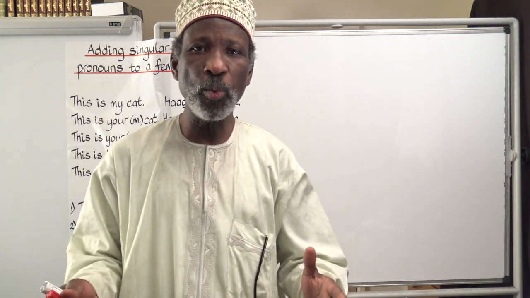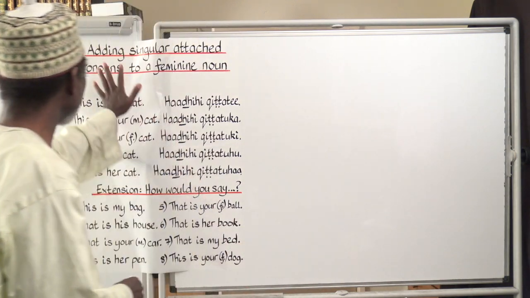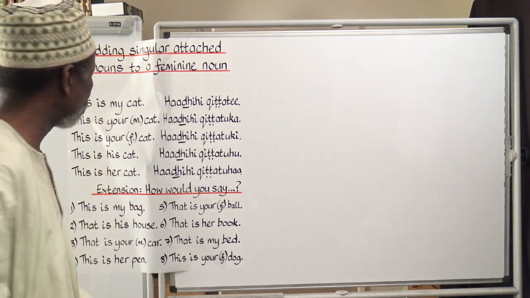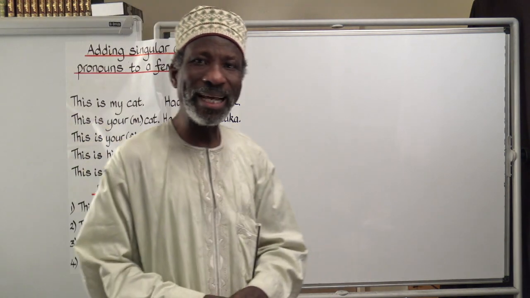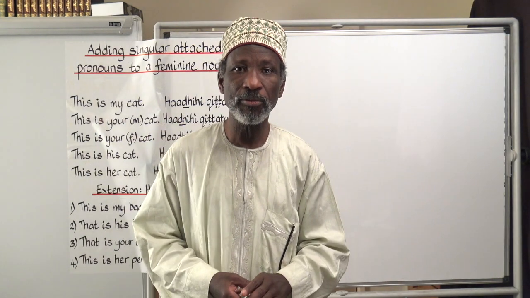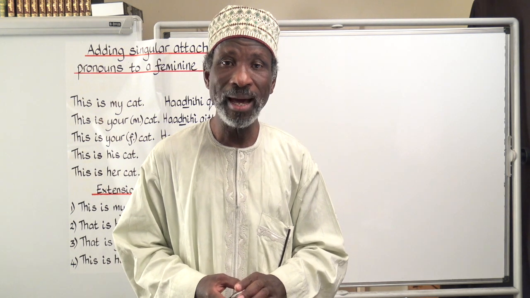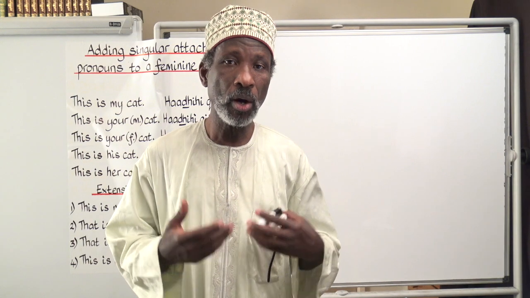Now let's put what we have just learned into practice. Now we have adding singular attached pronouns to a feminine noun. This is my cat. What is a cat in Arabic? A cat in Arabic, you may remember, is qittatun. Now how do you say my cat?